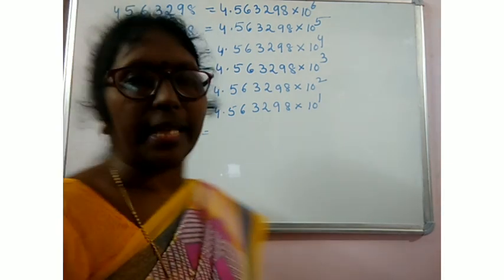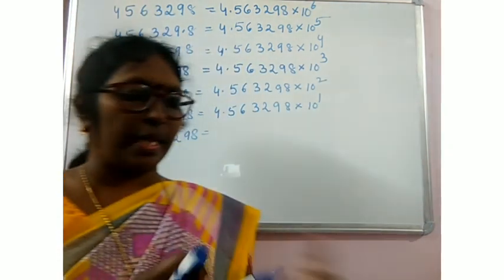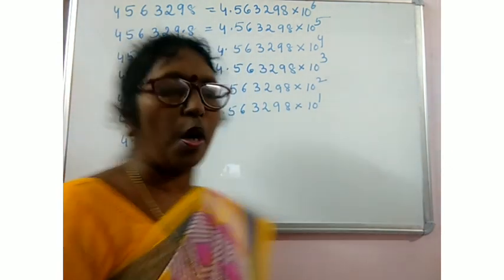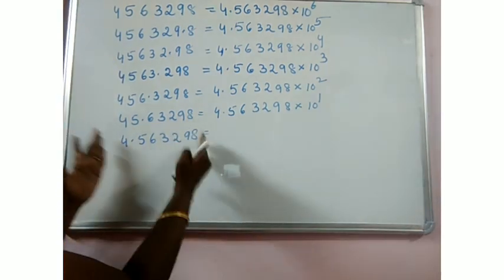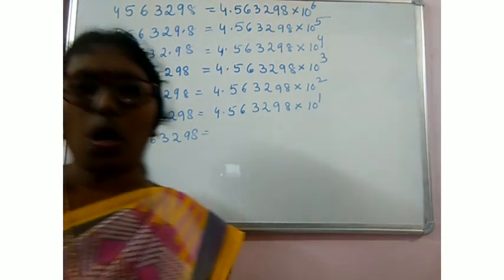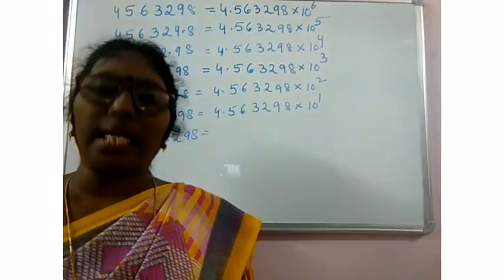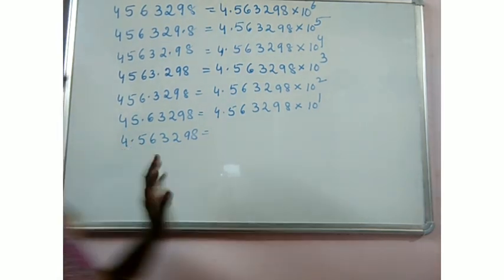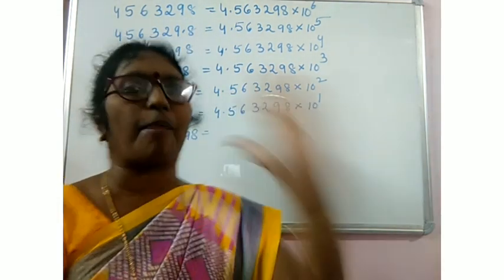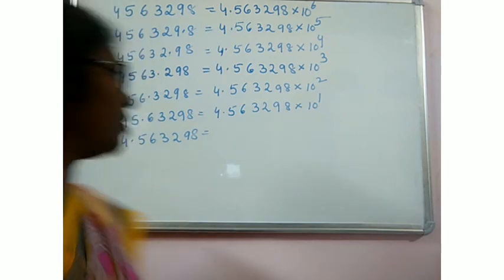Children, a very important thing you are going to learn here. Note this point. Suppose this number is given to you and your question is to express it in standard form. Standard form means the number with the decimal after 1 place, into 10 to the power of something; you have to write it always.